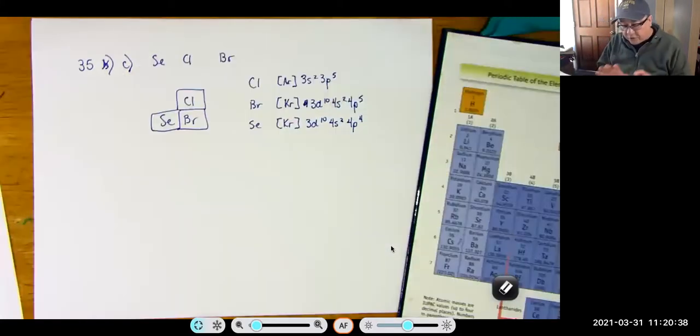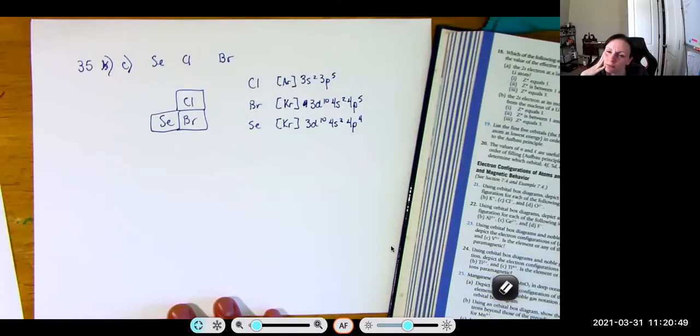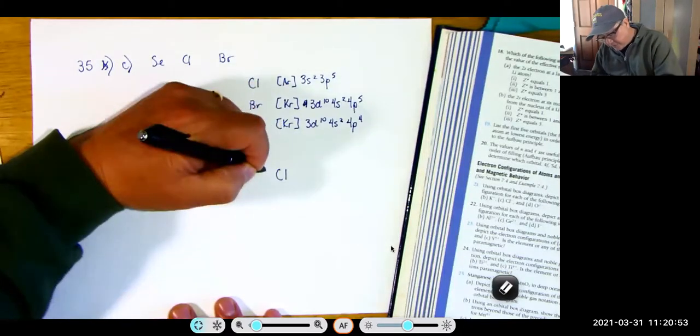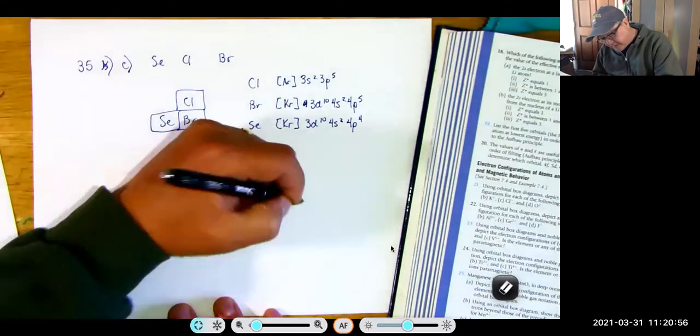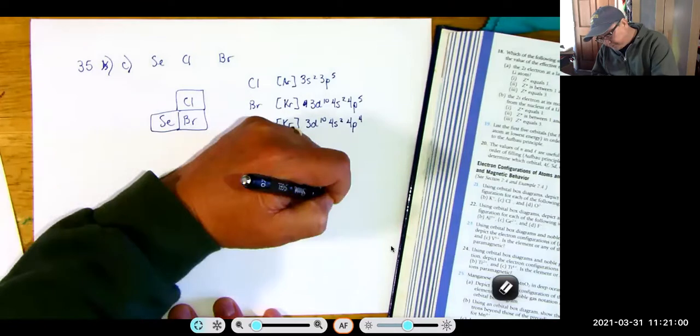So which has the most negative electron attachment energy? Chlorine. So we're going to put chlorine here. It's going to be the greatest. And the reason for chlorine here is because the electron ends up in the third shell.